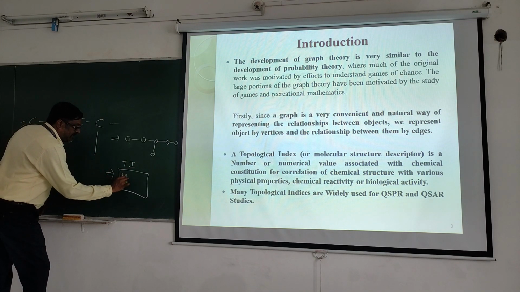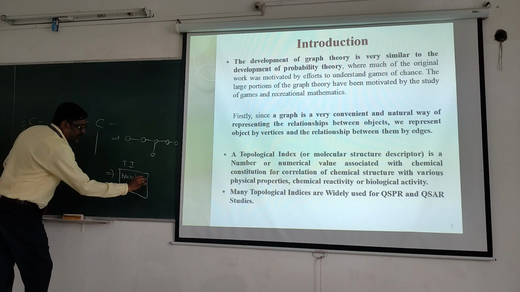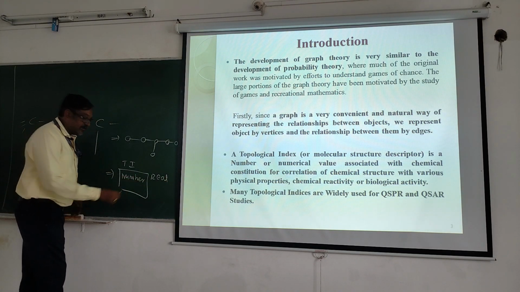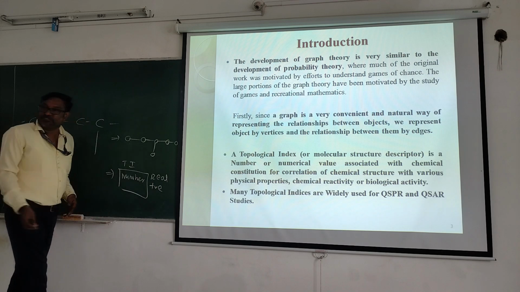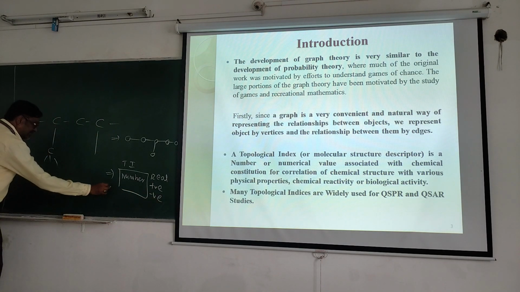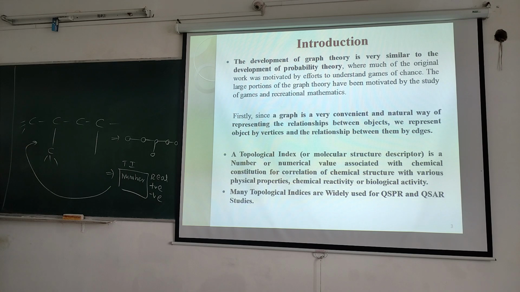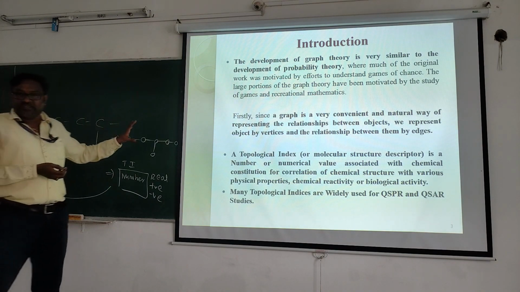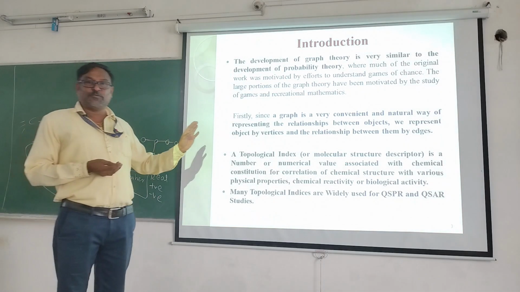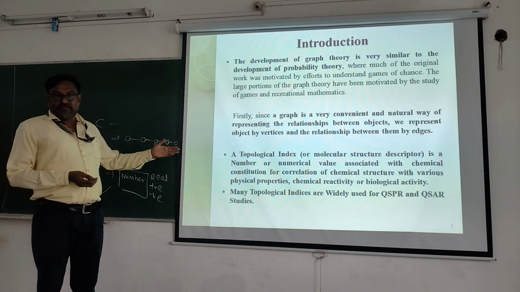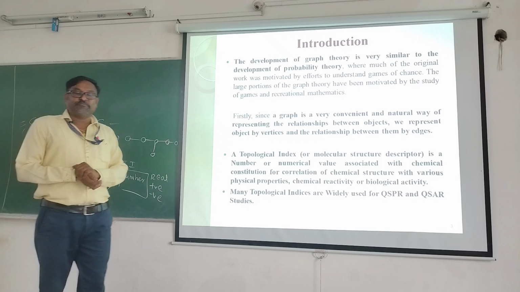It is simply a numerical number, which may be real, positive or negative. This number is associated with the respective molecule, and with that we can easily find out the physical properties, chemical reactions and biological activities of a given molecule.